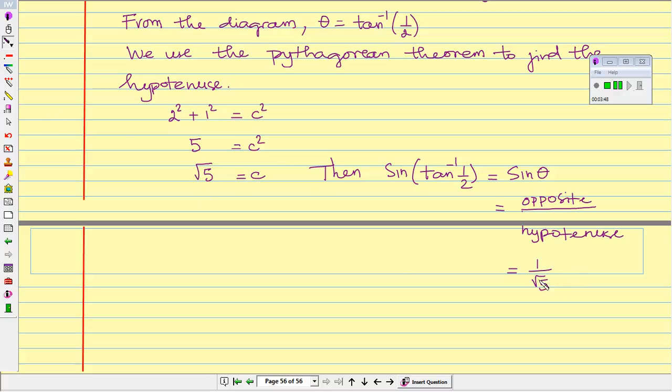But we don't want a square root in our denominator, so we are going to rationalize the denominator. We multiply square root of 5 to both denominator and numerator. So we can conclude that sine theta is square root of 5 over 5.